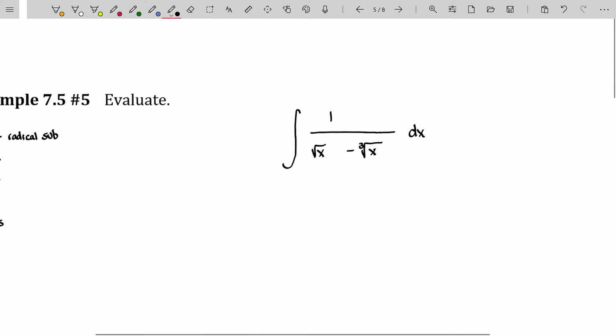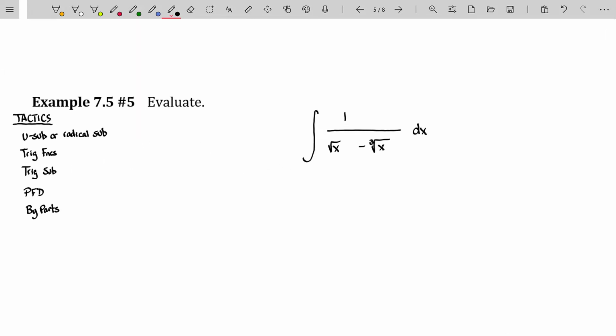A lot of students will stare at this and maybe think u substitution, which is exactly what you're going to be doing. However, what do you substitute in for u? That's the big question. If you were to let u equal, for example, this square root of x, du would need to steal away a 1 over 2 root x dx, and I don't have that, but I can still do it.